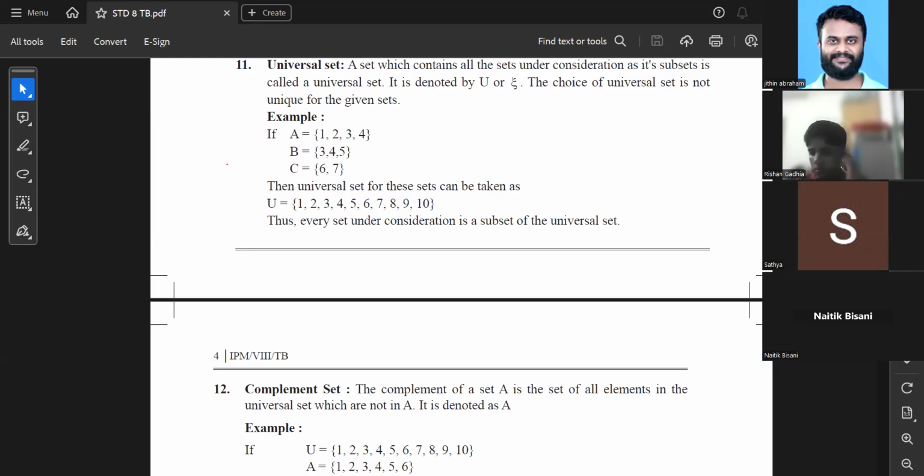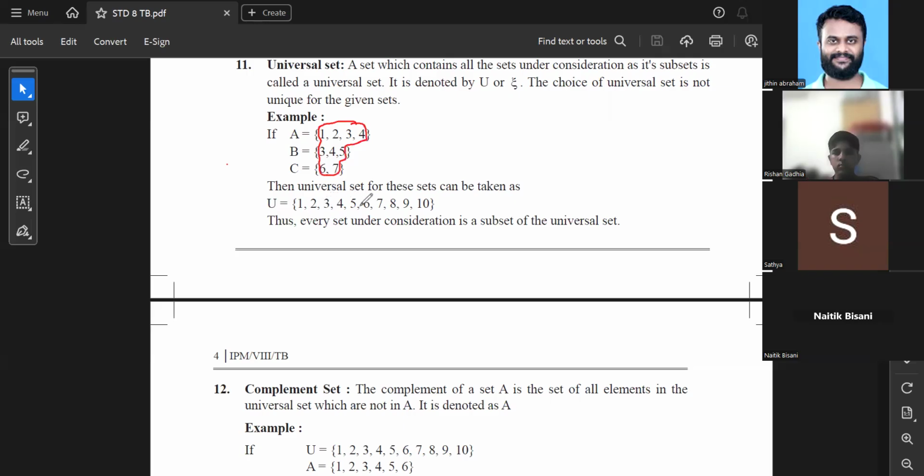Now, A is a set which comprises 1, 2, 3, 4. B comprises 3, 4, 5. C comprises 6 and 7. If you wish to create a universal set, make sure of covering all the numbers inside these. You don't have to repeat the numbers: 1, 2, 3, 4, then 3, 4 you don't have to repeat, as I've already said.